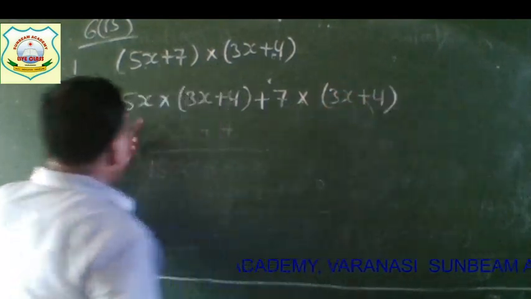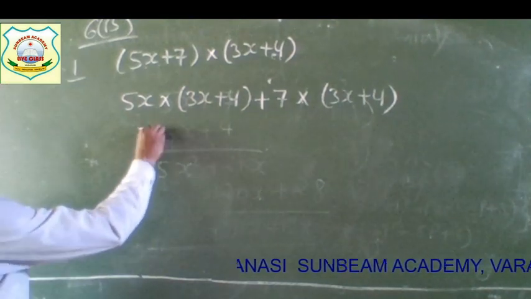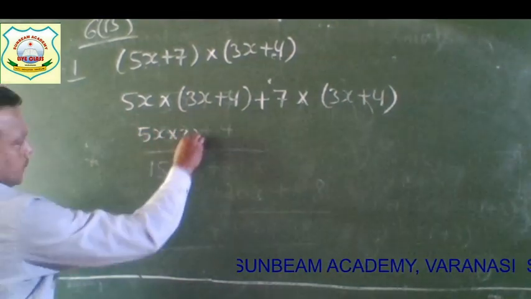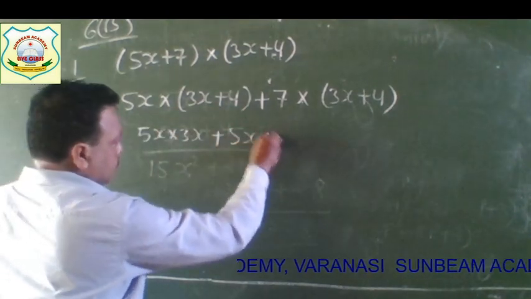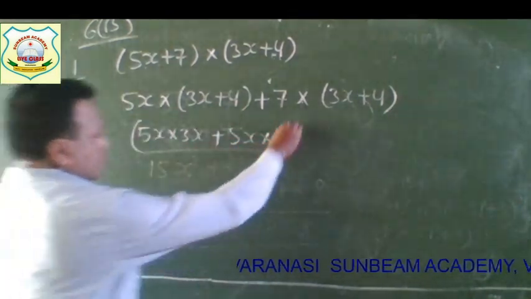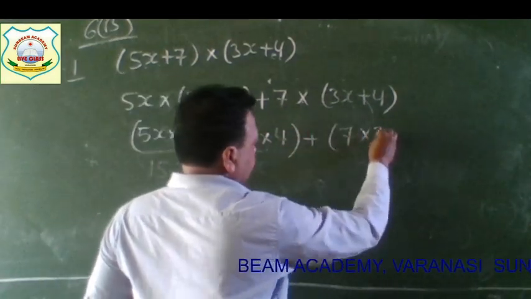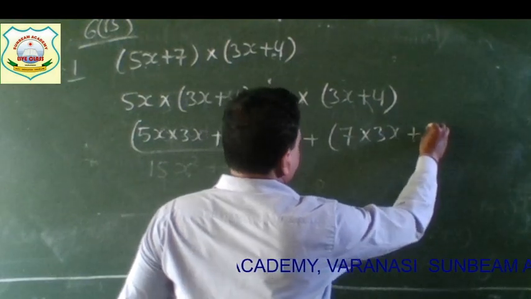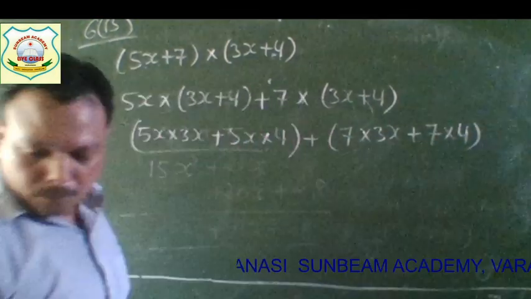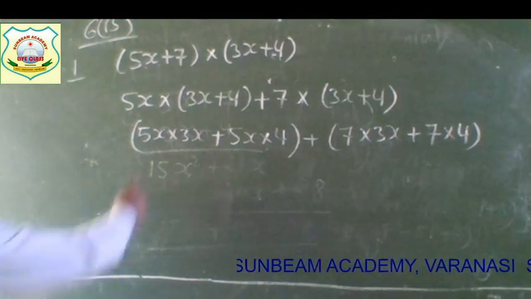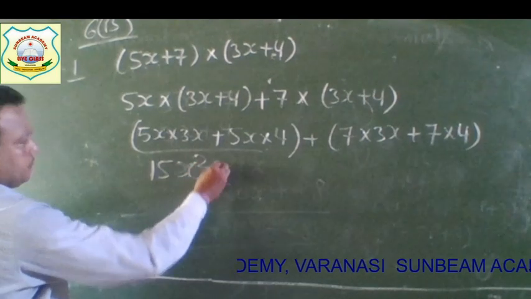Clear? So 5x into 3x plus 5x into 4, clear? Plus 7 into 3x plus 7 into 4. Now students, 5 into 3 is 15x square.